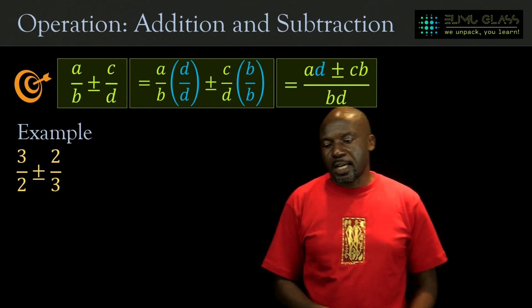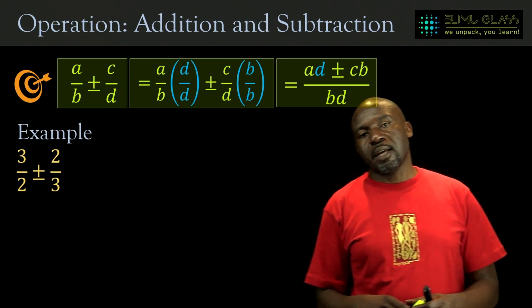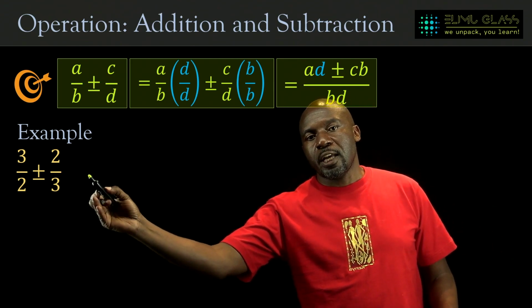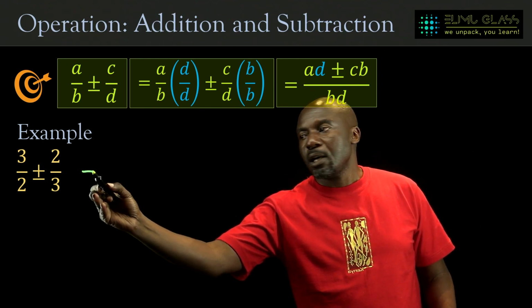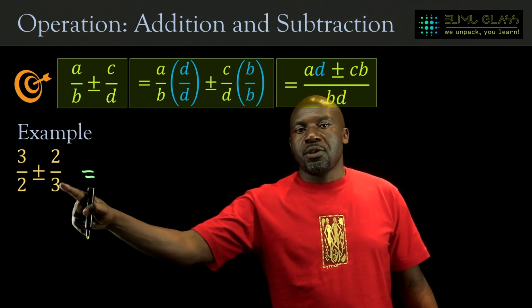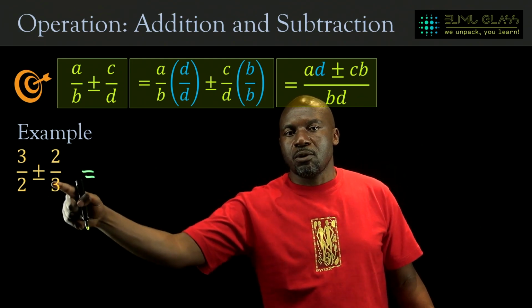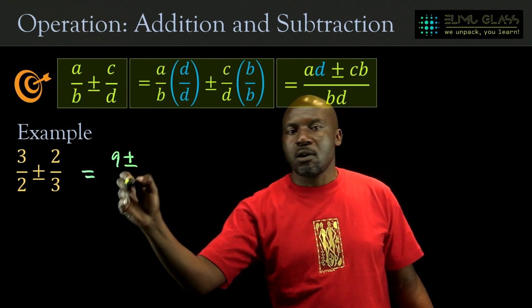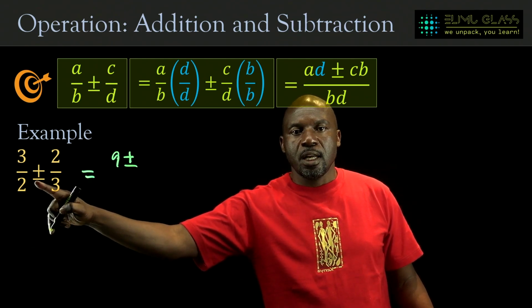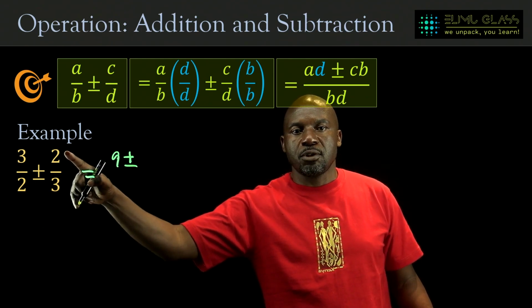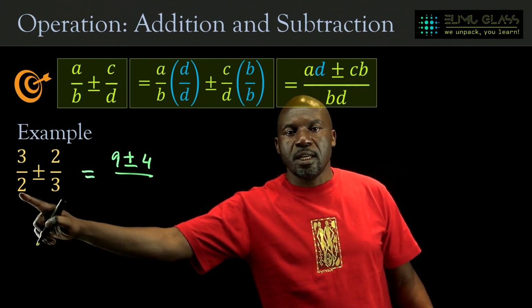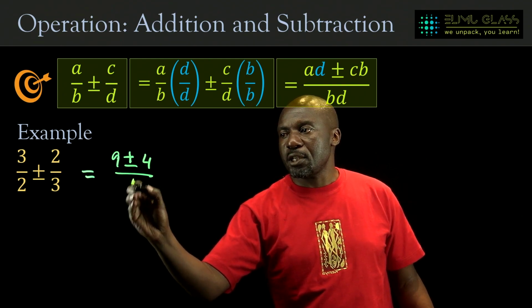Now if we want to add or subtract them, all we need to do really is just say 3 times 3, which is 9, plus or minus 2 times 2, which is 4, and everything divided by 2 times 3, which is 6.